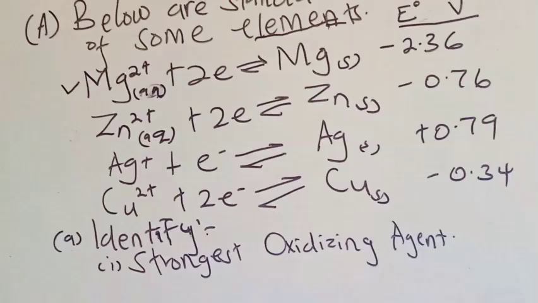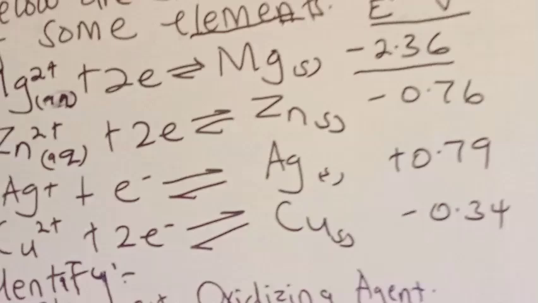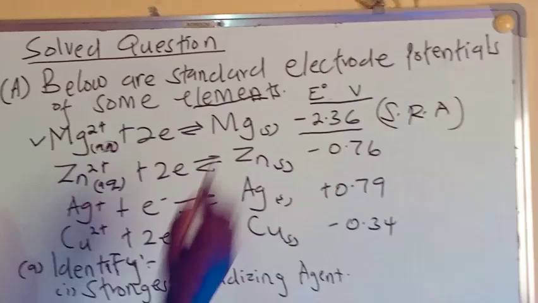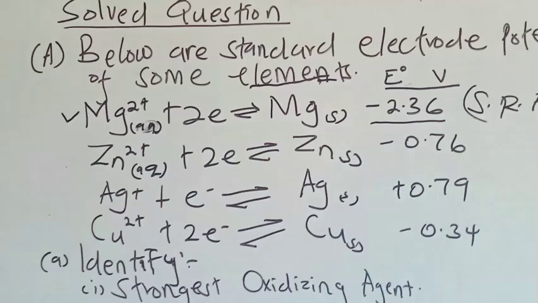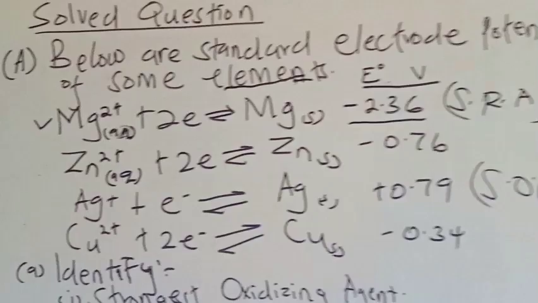Among these 4 elements, the highest negative will give you the strongest reducing agent. Then the highest positive will give you the strongest oxidizing agent. In this case, we have only one, that is silver, the strongest oxidizing agent.